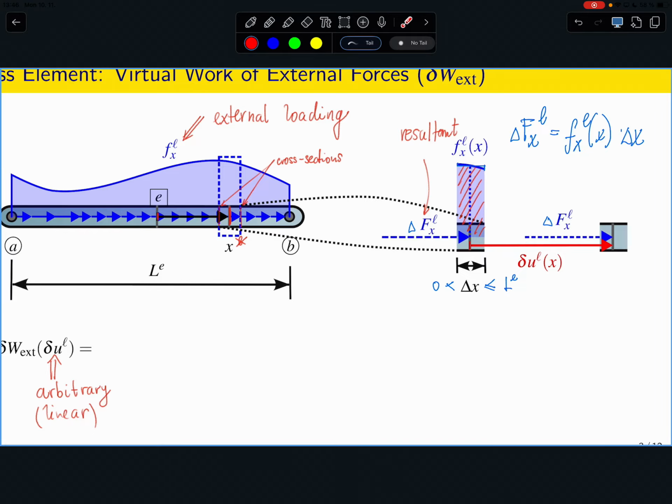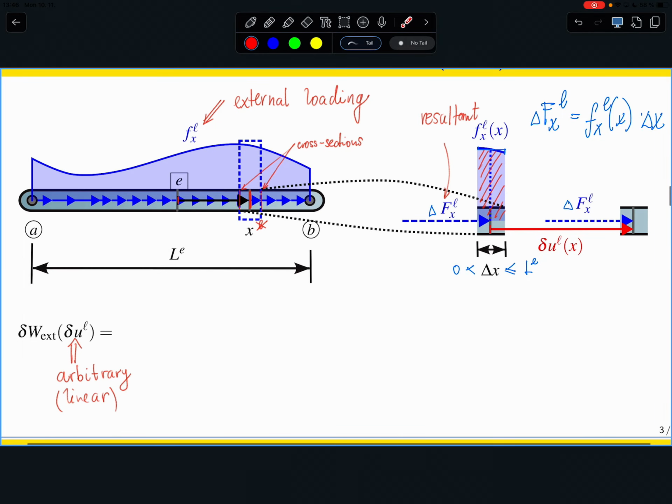Hence I can say that the virtual work done by this small segment, delta x, can be written down as this delta fx in the local coordinate system multiplying that virtual displacement, which I see here, so this delta UL as a function of x.